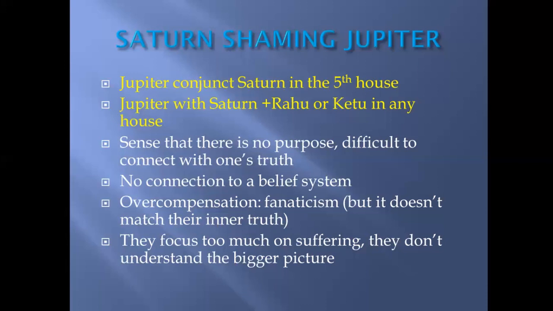But really deep down, it's not going to be something that matches their inner truth. They might also be too focused on suffering, and they might not understand the bigger picture. Saturn will take over those qualities of Jupiter, like wisdom, like being connected to a higher purpose.